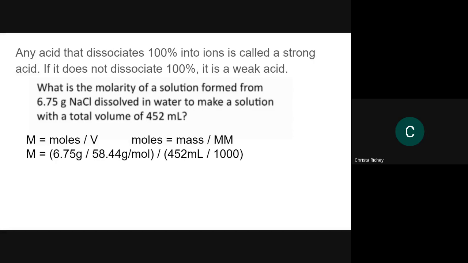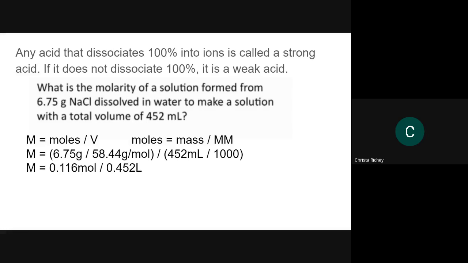So it's 6.75 divided by 58.44, which is 0.1155 something.